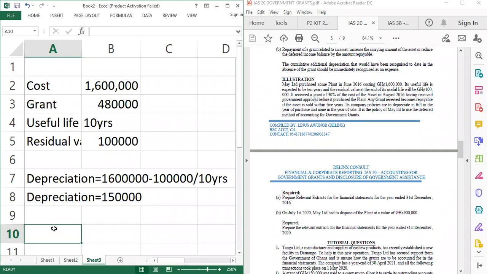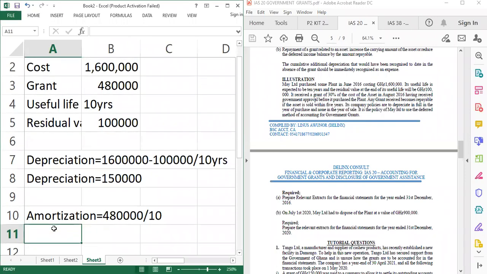Although the grant was received in August, we also amortize the grant in full for the first year. So the grant will be 480,000 divided by 10 years, which is 48,000.